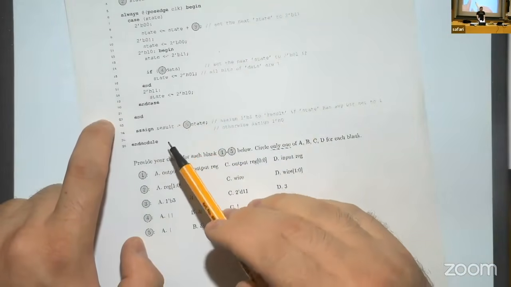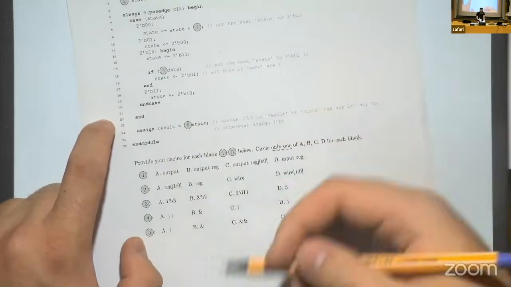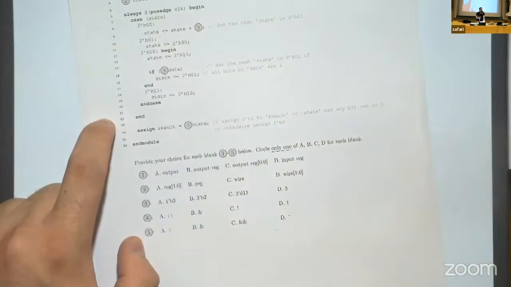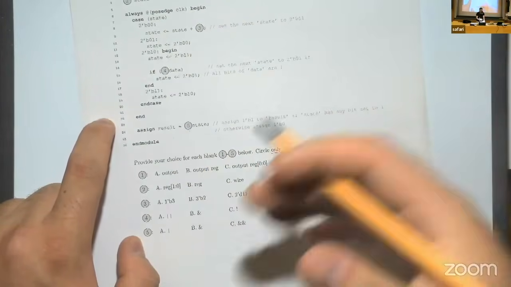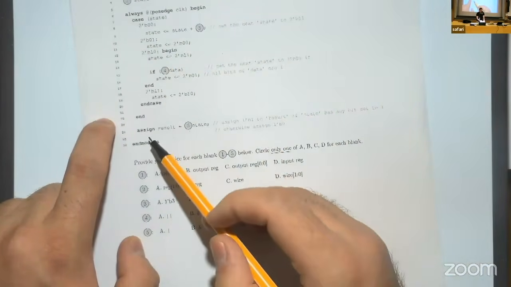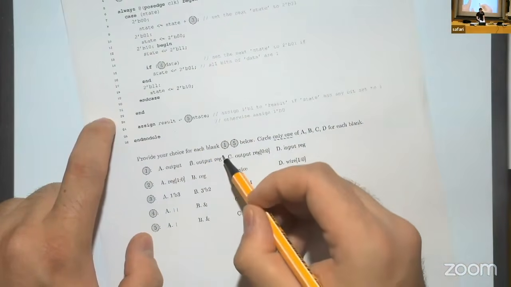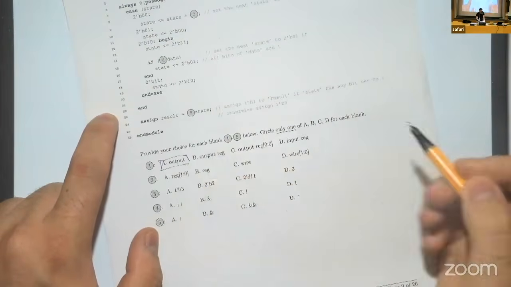If it was reg, we couldn't use assign here because reg can only be updated inside the always block, and we cannot use the assign keyword for this one. So that means result is a wire, and we won't use reg over here and here. Which makes A the correct option.